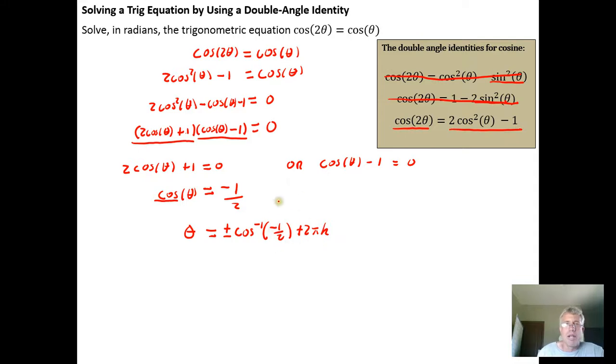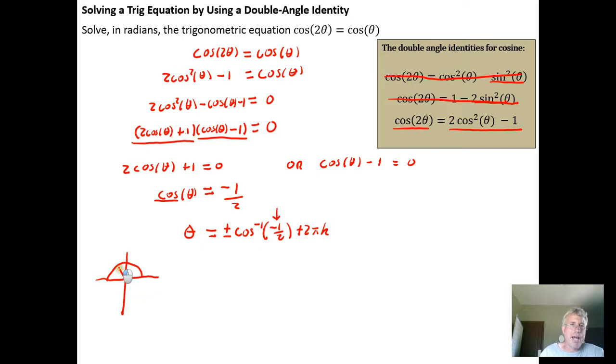And then the next step is to look at this negative 1/2 and say, can I simplify this expression or this angle? Is the negative 1/2 corresponding to a special angle? So we think about the unit circle, and we know that the cosine inverse is defined only on the interval from 0 to pi. So on this interval, where do we get an angle of negative 1/2?